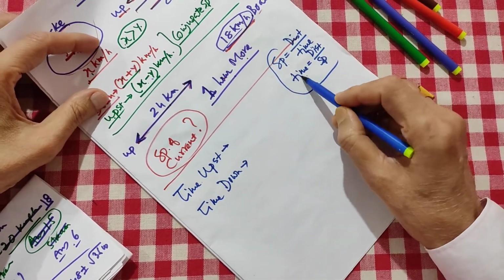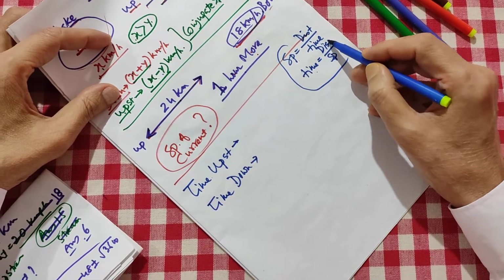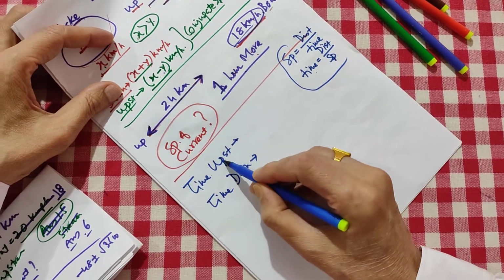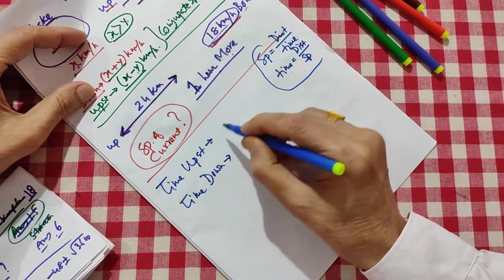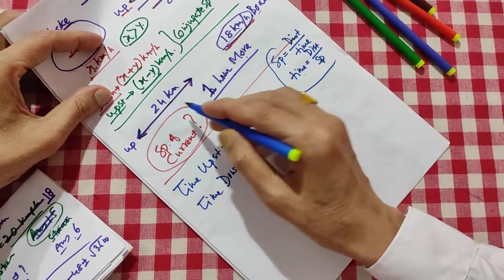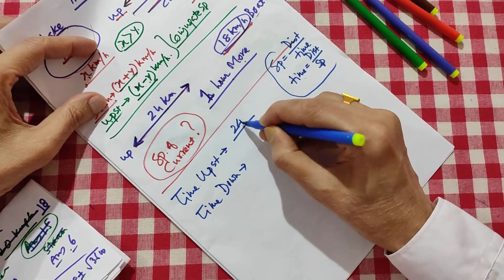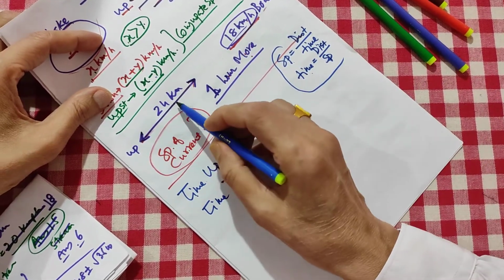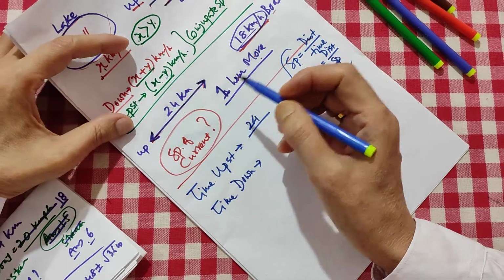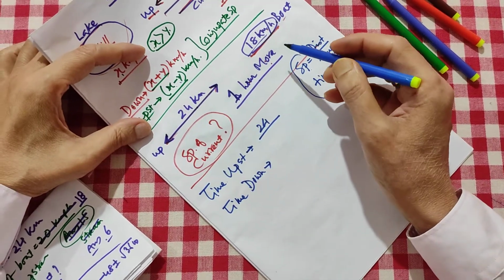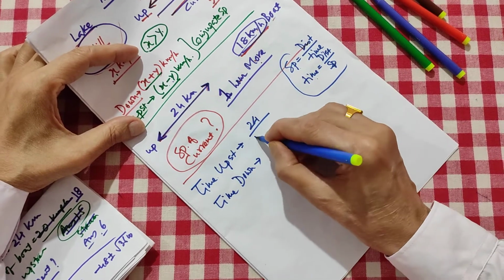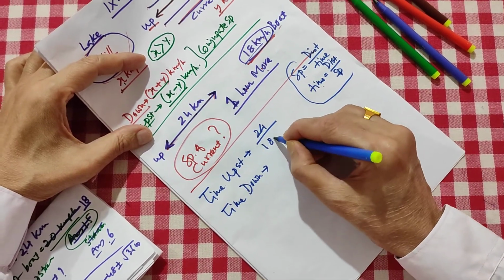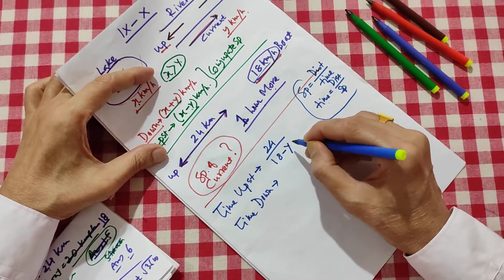Now using the time formula, time is distance by speed. Therefore time taken by the boat to go upstream 24 kilometer will be equal to distance, 24 kilometer, by speed. Upstream speed will be less, so 18 minus suppose y. Now what is y?